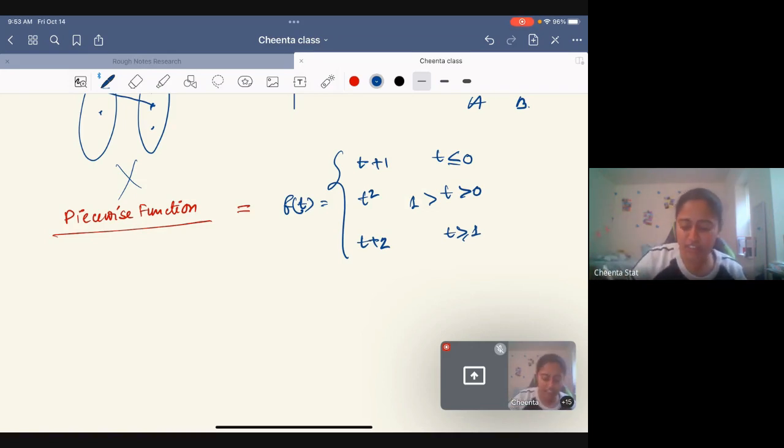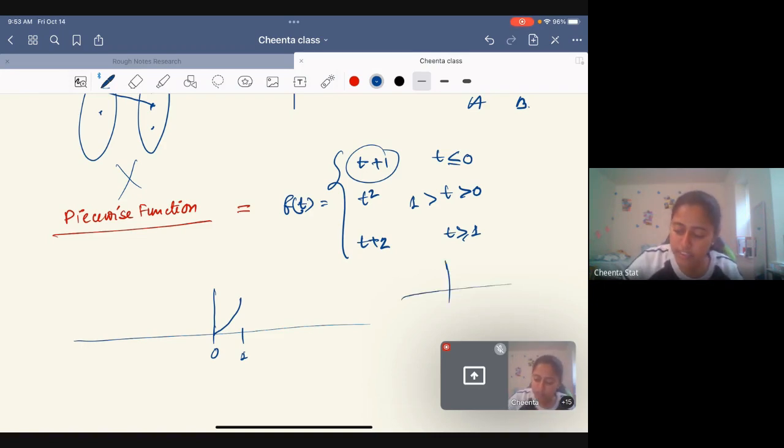I have no idea what this function is, but it is a piecewise function, because in the range less than or equal to 0 it follows the t plus 1 equation. And from 0 to 1, it follows t square. And then it follows t plus 2.